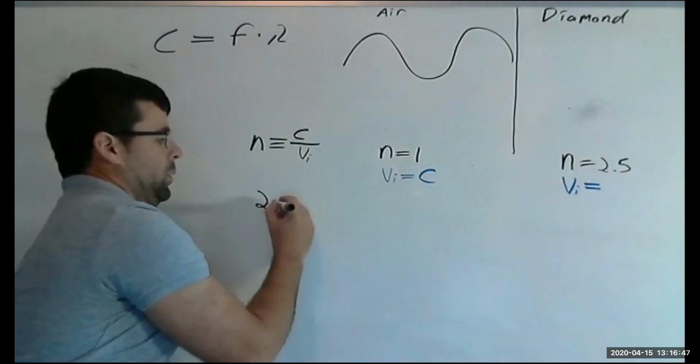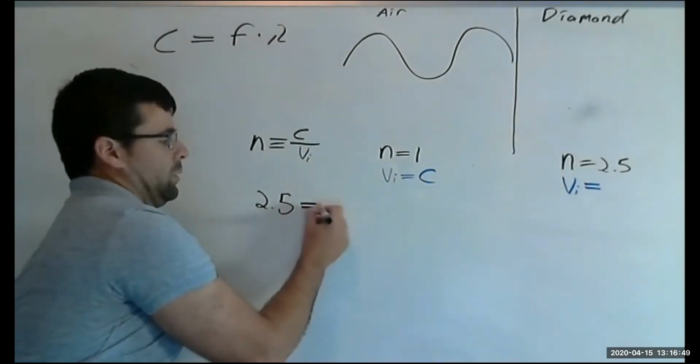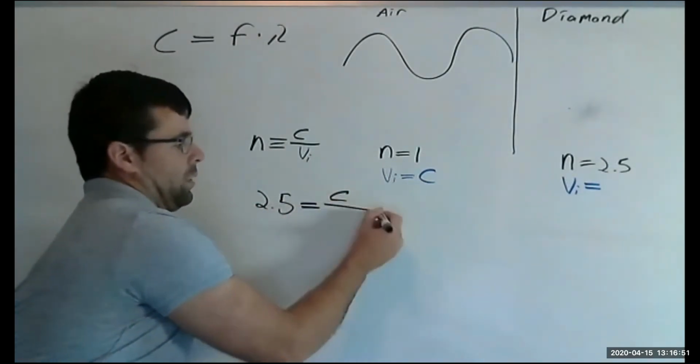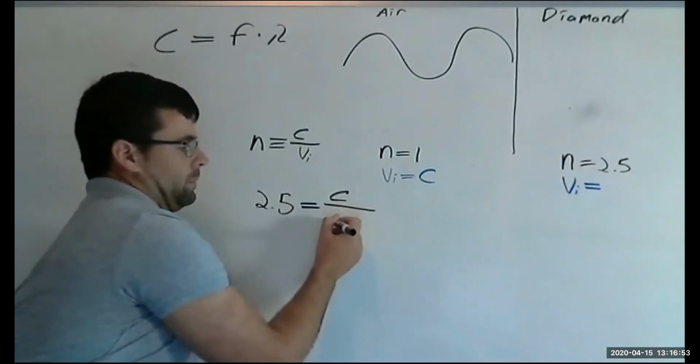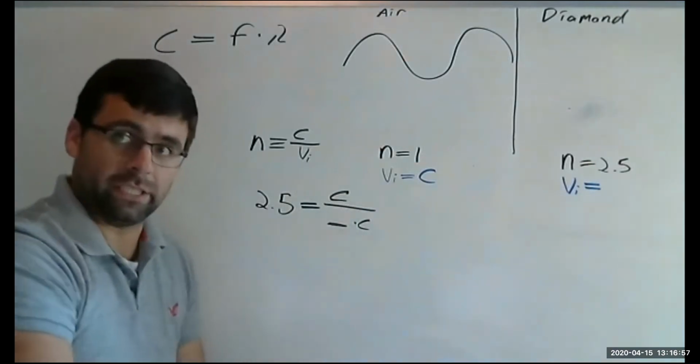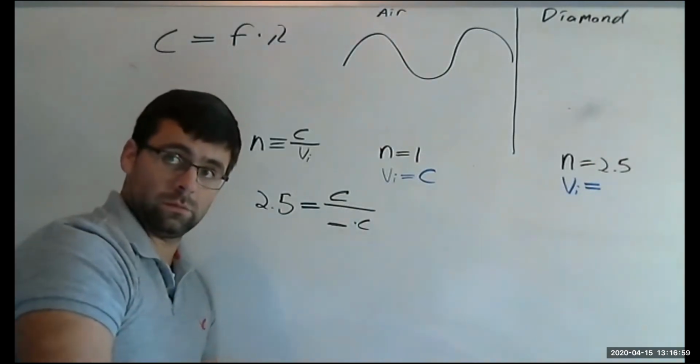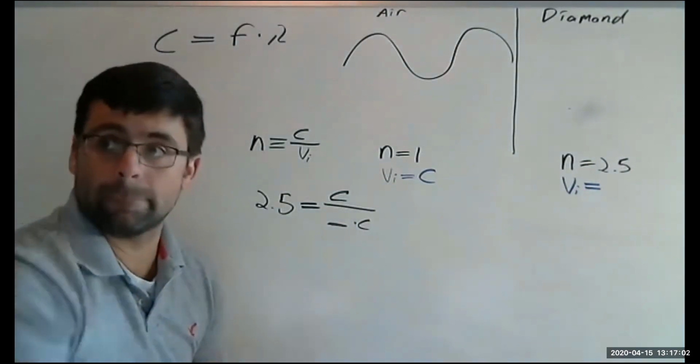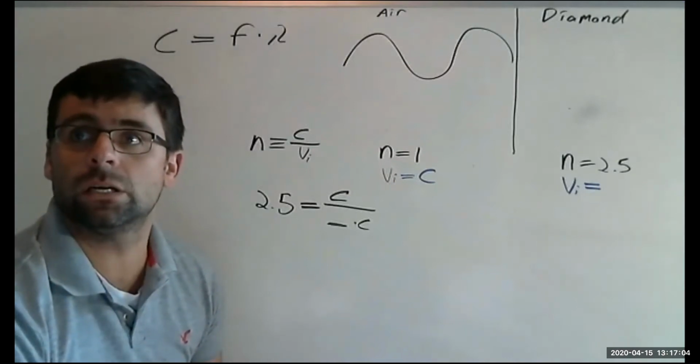1 over 2.5 equals c over something times c.